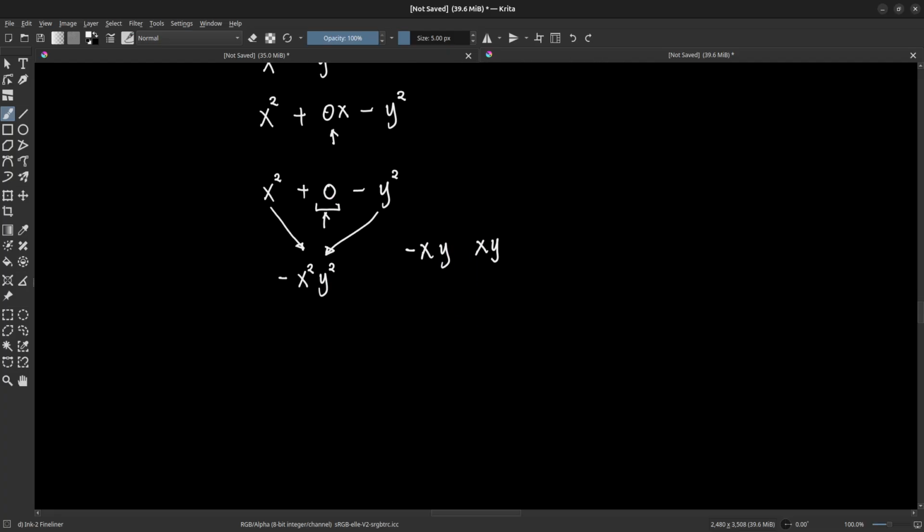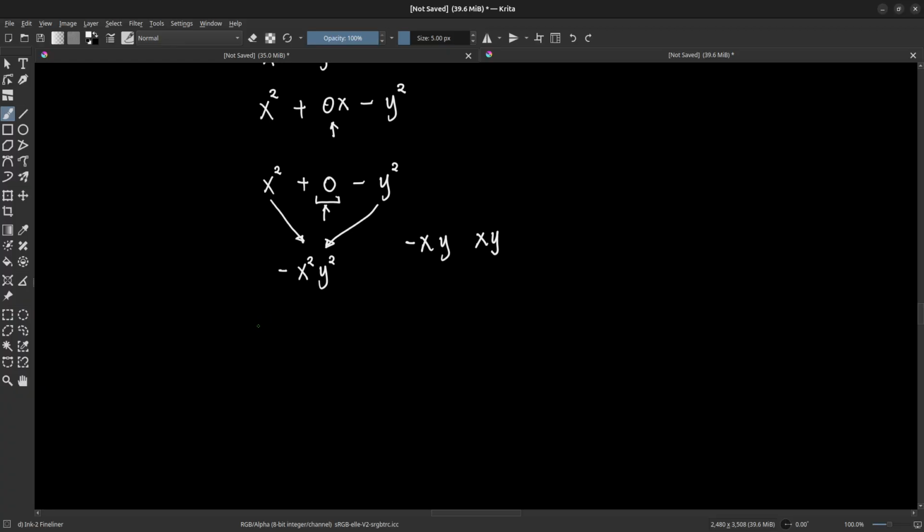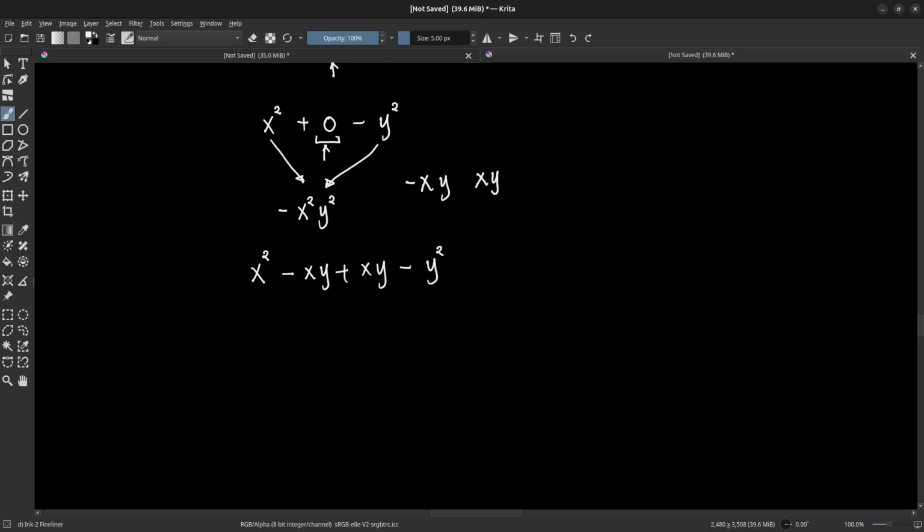So now let's rewrite that center term. We have x squared on the left, and then minus xy plus xy and then minus y squared. You see this center term is still 0, only that we have rewritten it. Now we are going to take these in pairs.